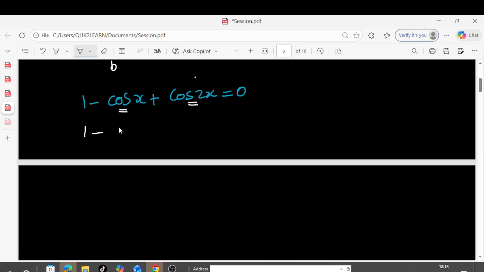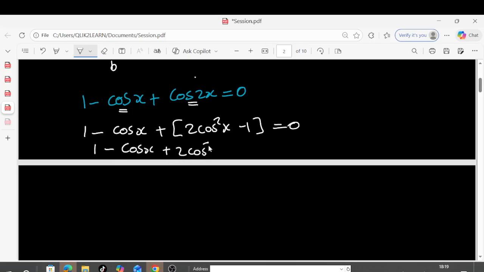So this will be 1 minus the cos x plus 2 the cos squared x minus 1, close the bracket, equal to 0. Multiplying out the bracket, the 1 cancels, and we are left with negative the cos x plus 2 the cos squared x, equal to 0.